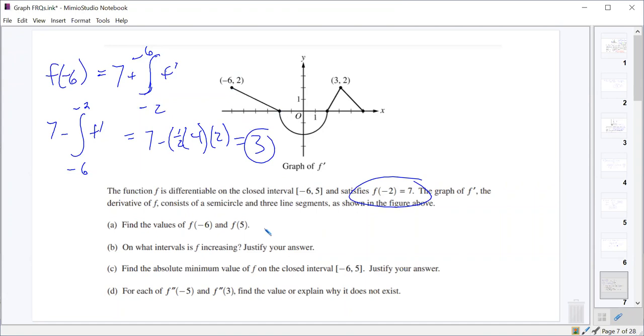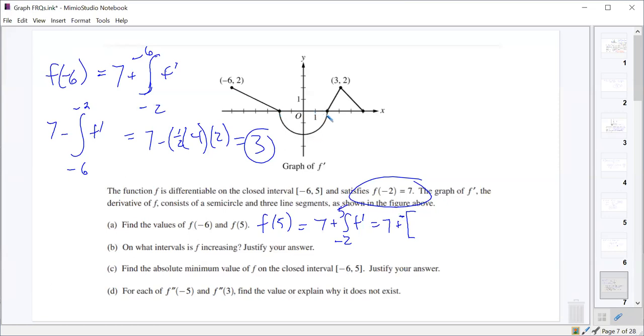And then for f of 5, you would have done 7 plus the integral from -2 to 5. And the integral from -2 to 5 starts off with this piece that's below the x-axis. So we're going to have a negative of this. And then it's the semicircle.